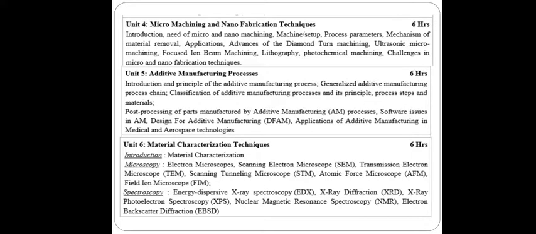In microscopy: electron microscope, SEM, scanning electron microscope, transmission electron microscope, scanning tunneling microscope, atomic force microscope, field ion microscope, etc. Spectroscopy: energy dispersive X-ray spectroscopy, X-ray diffraction, X-ray photoelectron spectroscopy, nuclear magnetic resonance spectroscopy, electron backscatter diffraction, etc. These are the material characterization techniques we will discuss in unit 6. So this is all about the syllabus of advanced manufacturing processes.